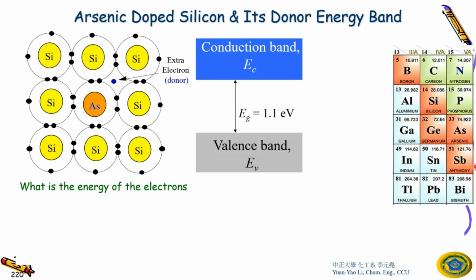Energy. So let's go back to the Bohr atomic model. In the very beginning, we know that if we want to calculate the energy of this electron in the Bohr model, it will be minus 13.6 electron volt. I hope you still remember this number. This is very basic knowledge you need to know. However, this is not a single electron atom, so this equation doesn't apply to this case.